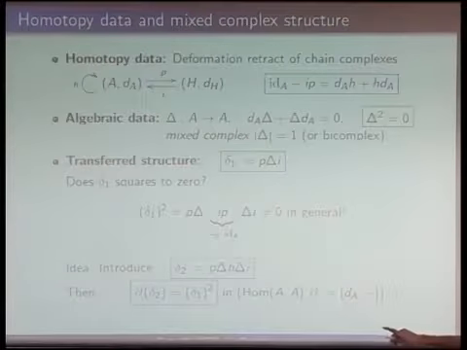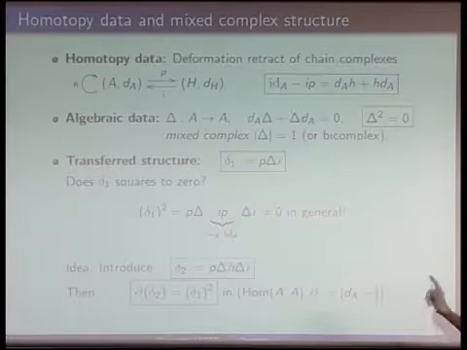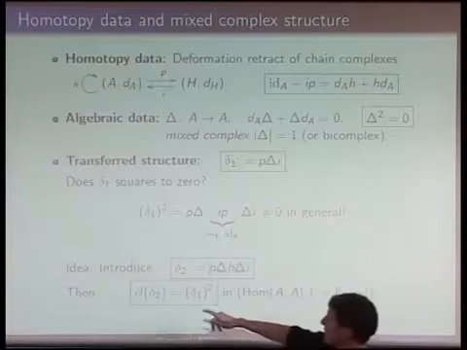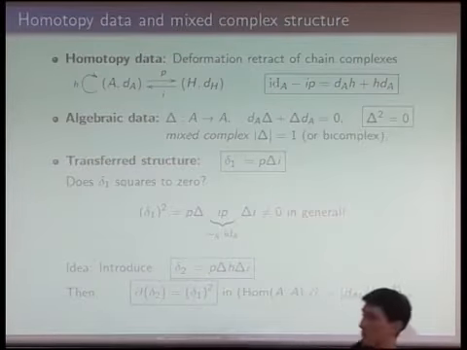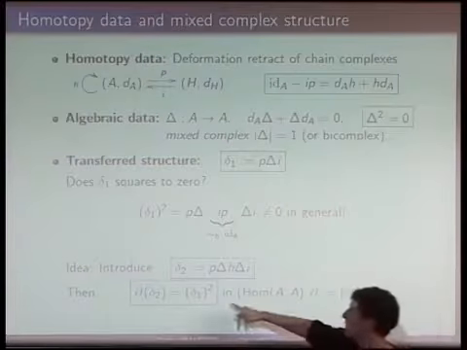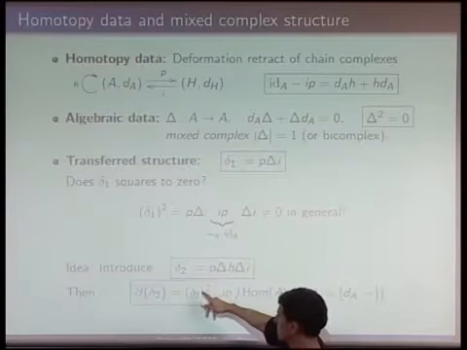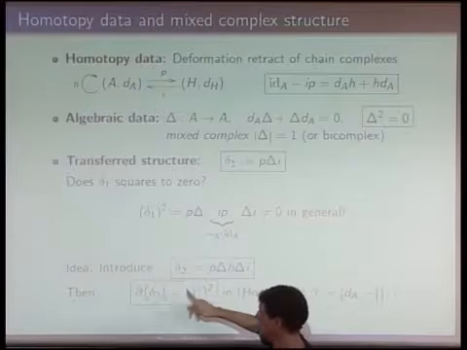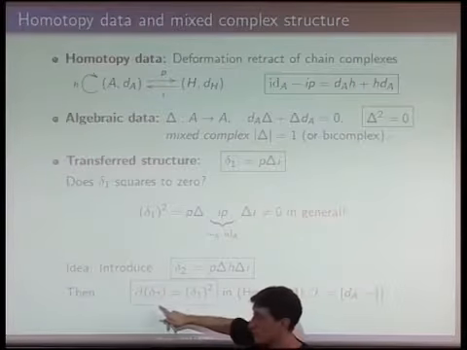Does small delta 1 square to 0? No. But it's the image of delta 2 under the boundary map. So delta 1 does not square to 0, but it squares to 0 up to homotopy. This relation does not hold, it holds up to homotopy.